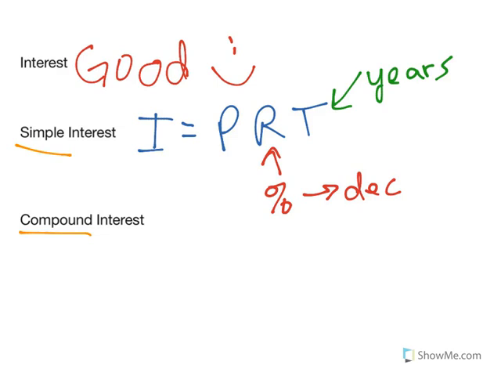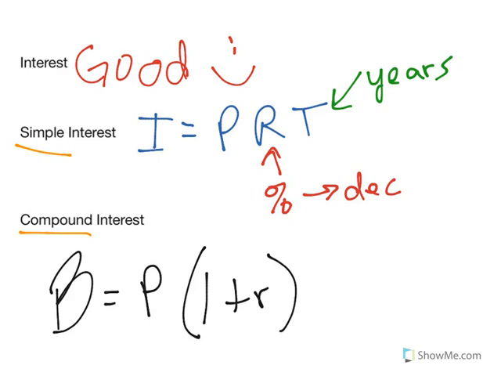In compound interest, the formula, which we'll get to more in a few minutes, is B equals P times (1 plus R) raised to the T, where B stands for balance. So balance at the end of your investment time is the principal times 1 plus the rate raised to the time. So the same P, R, and T that you see in simple interest, but used a little differently.